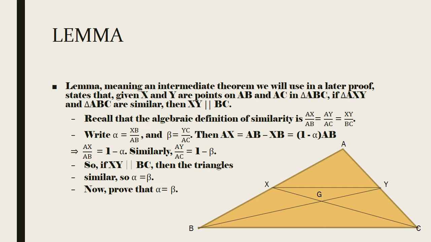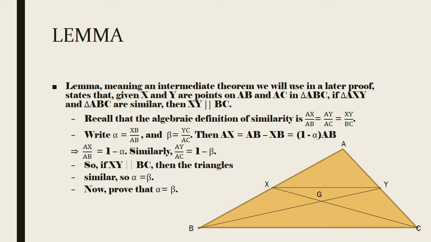In order to start with this lemma, recall that the algebraic definition of similarity is AX over AB is AY over AC is XY over BC. So we'll say that alpha is equal to XB over AB and beta is equal to YC over AC.